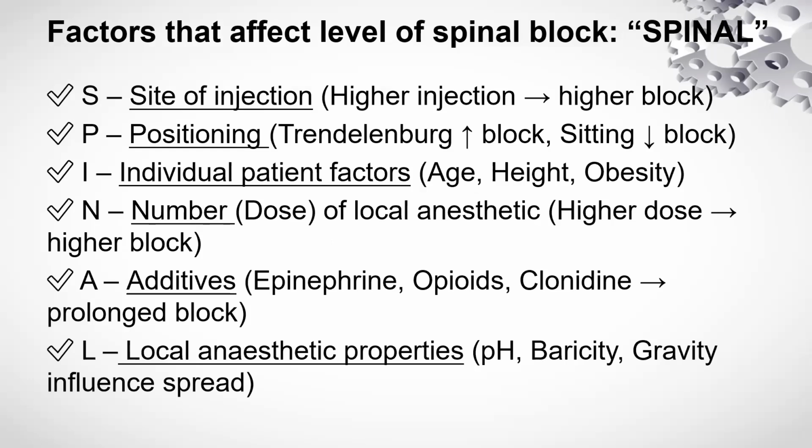So all of this can be grouped into a mnemonic, SPINAL. S, site of injection. P, positioning immediately and after the block. I, individual patient factors like age, height, obesity. N is the dose of local anesthetic agent, A, additives, and L, the properties of the local anesthetic agent itself. So these are some of the mnemonics for you to remember the factors that affect the level of spinal block.